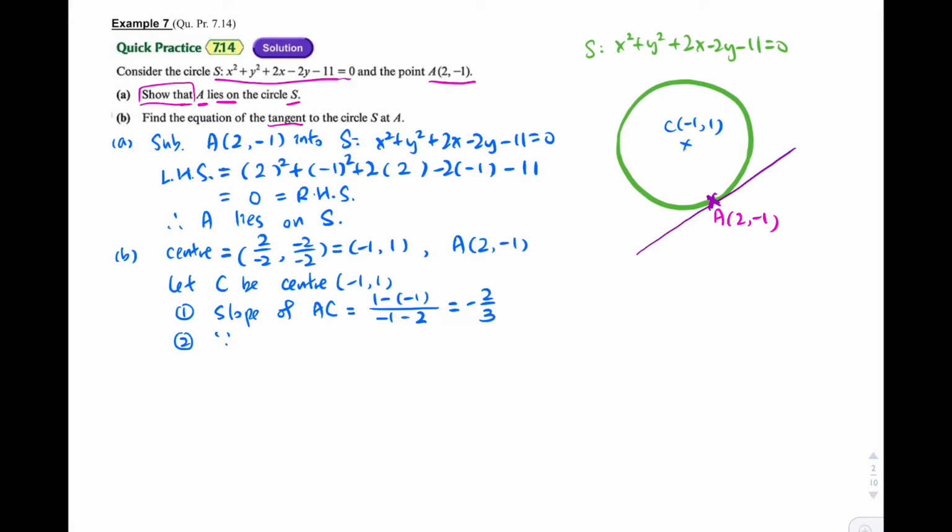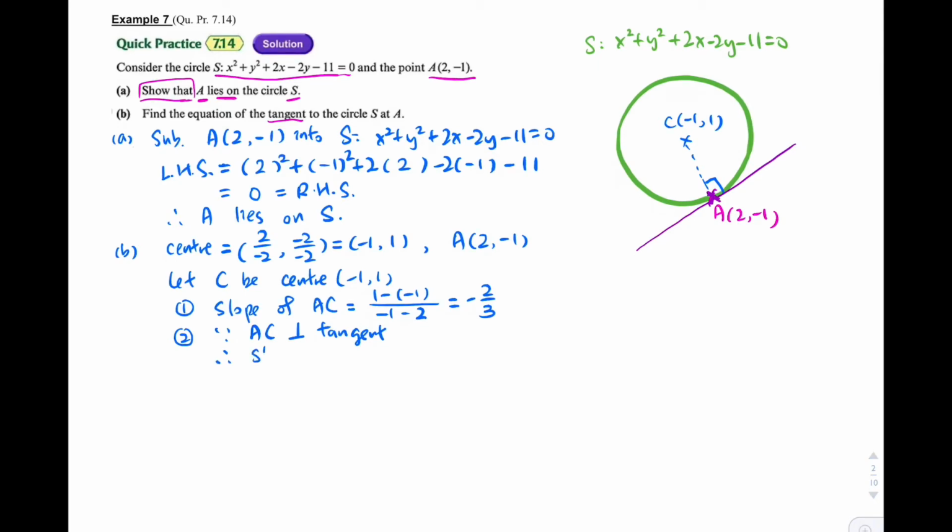And second, because the radius AC is perpendicular to the tangent, tangent perpendicular to radius, we have the slope of the tangent is the negative reciprocal of the slope of AC. So you got the slope of the tangent is 3 over 2.